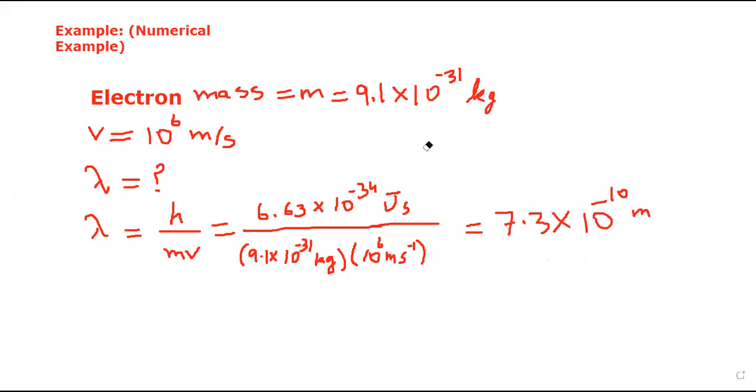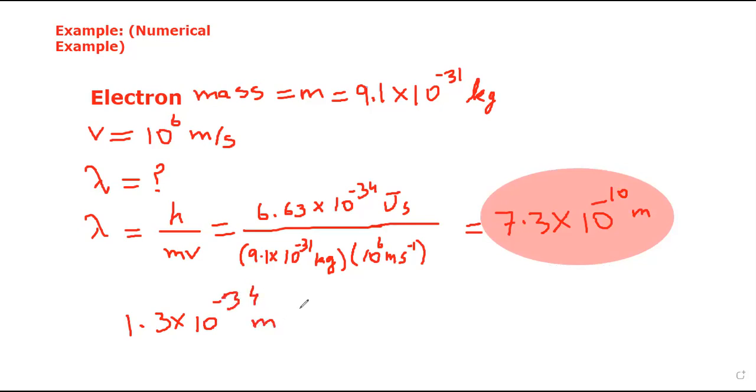7.3 multiplied 10 power minus 10 meters, which is a very large value as compared to the previously calculated value of the cricket ball. The value for the cricket ball was 1.3 cross 10 power minus 34 meters, which is very small.